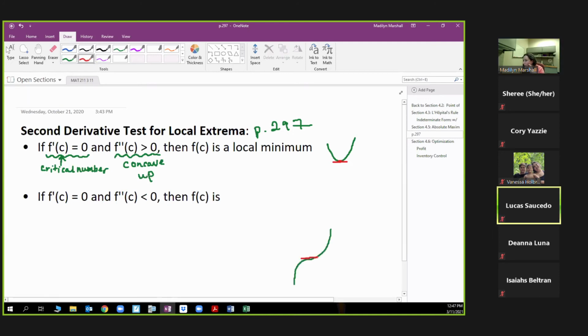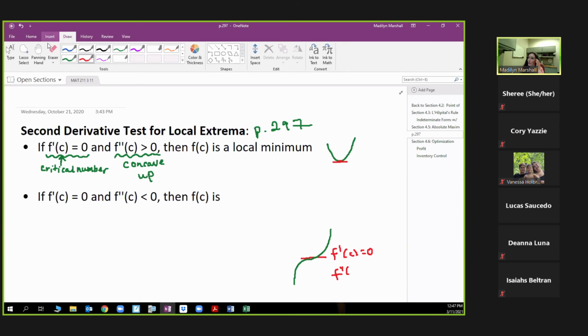the f prime would be 0 here. So yes, oops, not 0. But what is f double prime there? To the right is concave up, to the left is concave down. Exactly. So actually at that point specifically, it would still be 0.